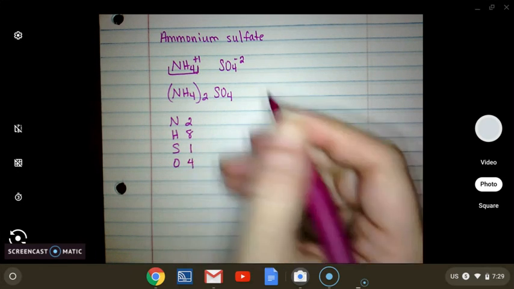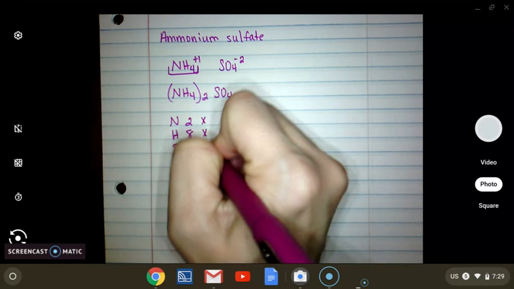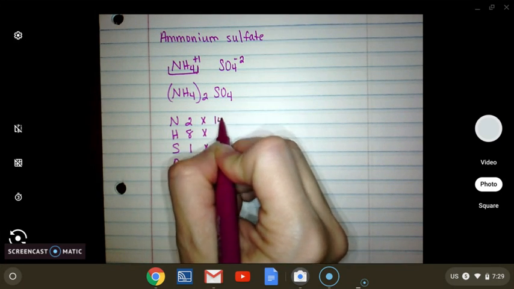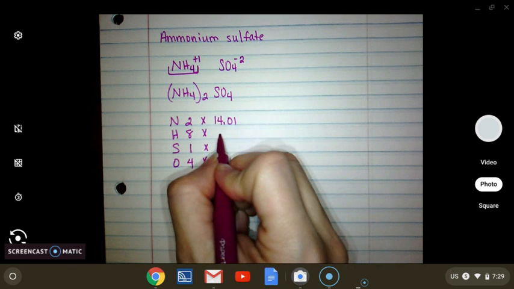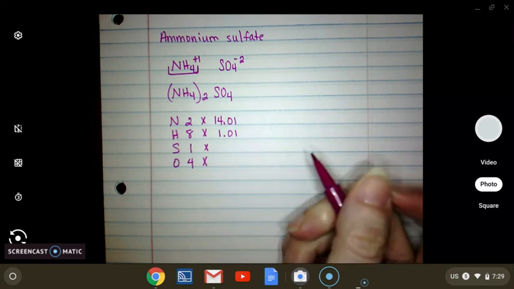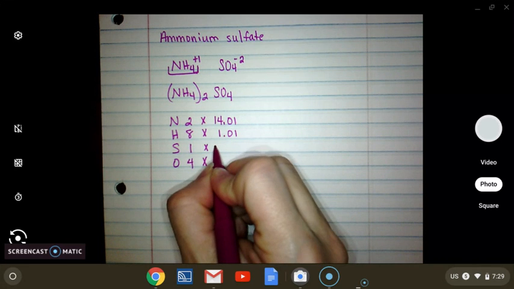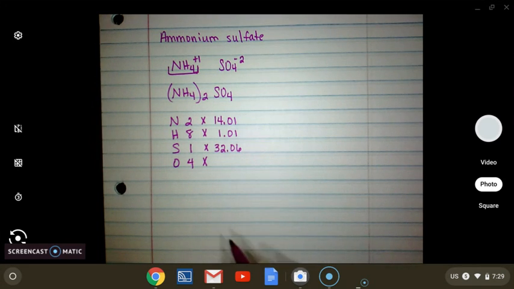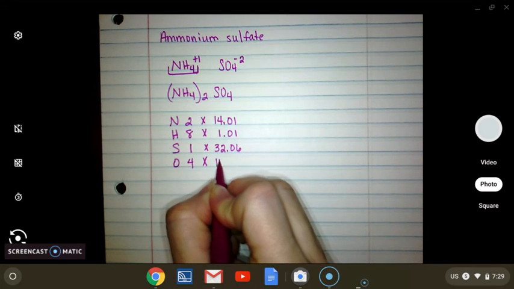Oxygen is 4. Then you're going to use your periodic table, multiply them by their atomic mass. Nitrogen is 14.01. Hydrogen is 1.01. Sulfur is 32.06, or 32.07 on some of your periodic tables. And oxygen is 16.